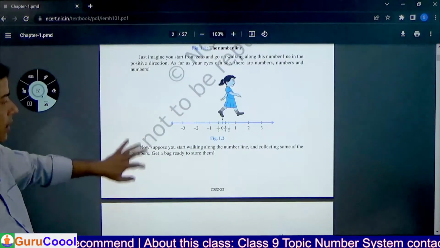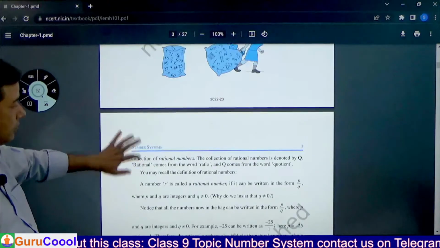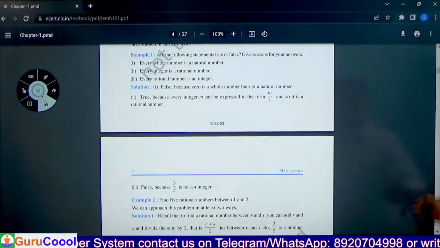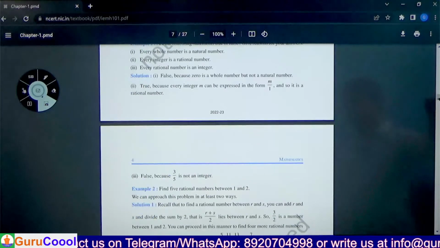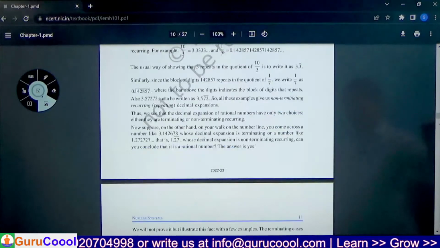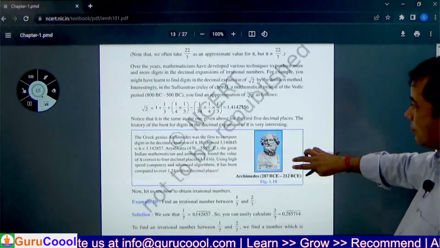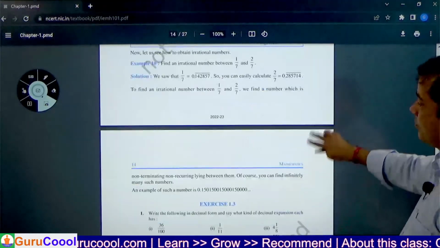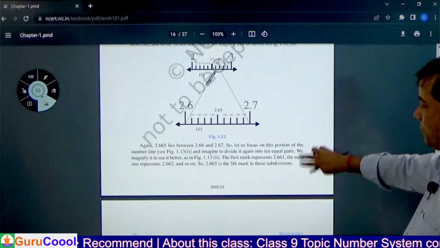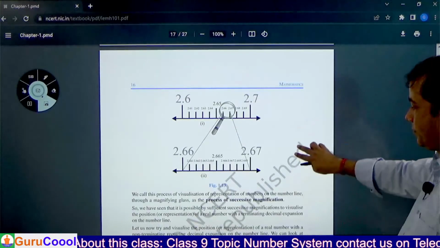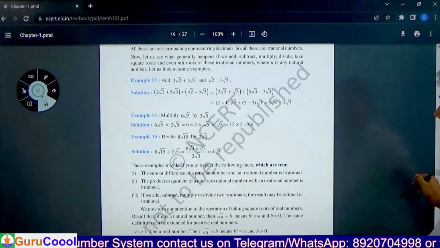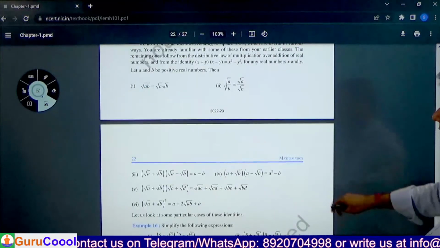Number system, first chapter, NCERT. Did you find?